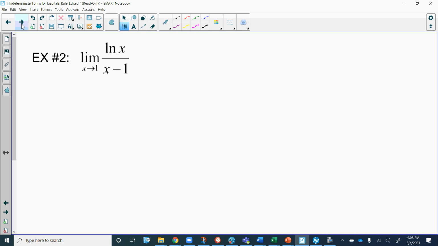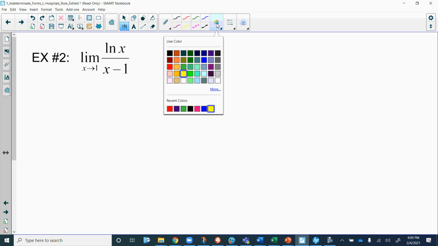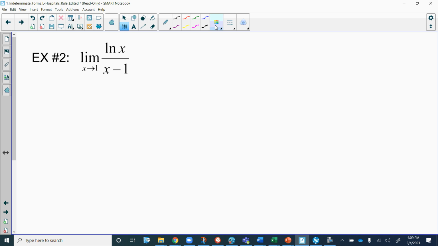So here is our first example of a limit. Now, don't get into the mindset that everything you're going to be looking at is L'Hopital's rule. It's just a limit.